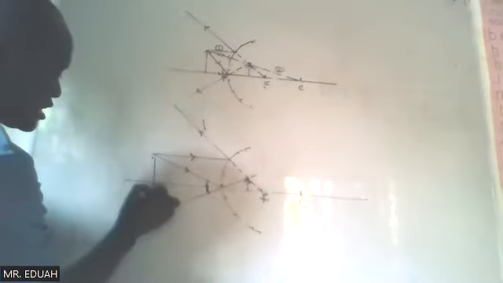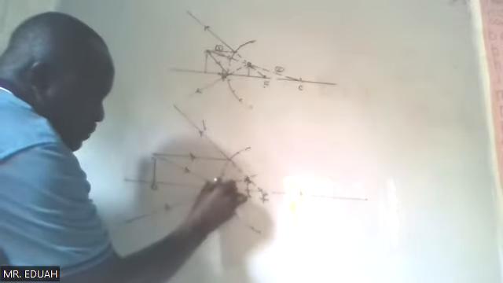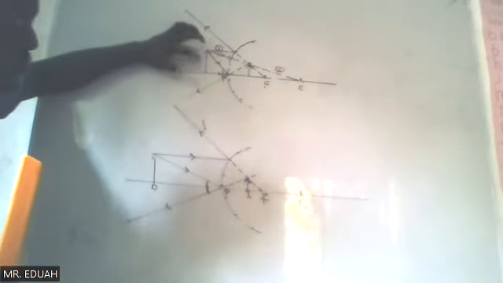So this is the object, this is the image. Now let's discuss it. Image formed is virtual, and so it will be upright. Image formed is diminished, and image formed is also between P and F. So in the first instance, when the object was closer to the mirror, we got the same characteristics.